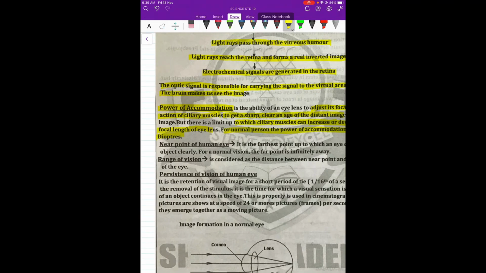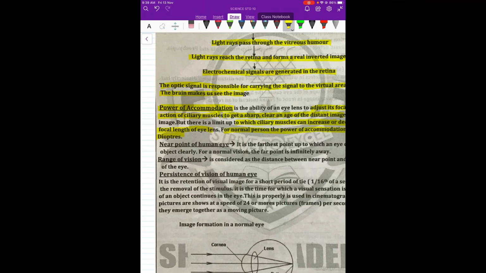Now what happens is, as people grow old, about 40, 45, we can see that some people, generally above 40, start wearing glasses or spectacles. Why is this? This is because the power of accommodation of the eyes naturally decreases with age. So the eyes cannot adjust their focal length quickly, due to which objects are not visible very sharply.